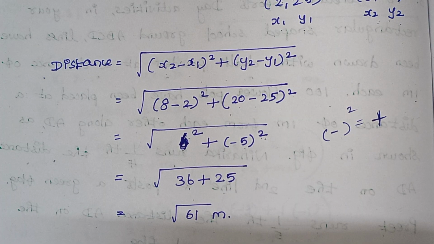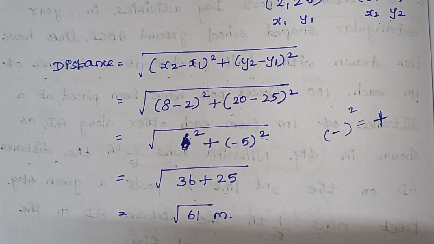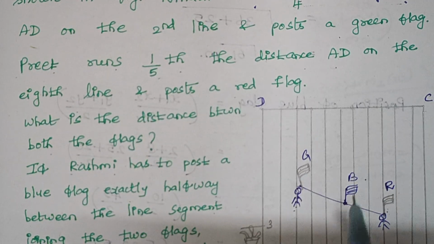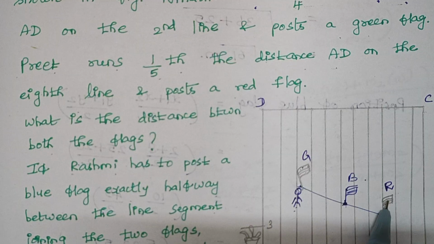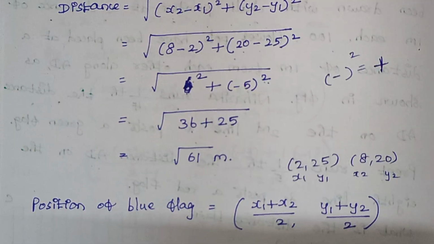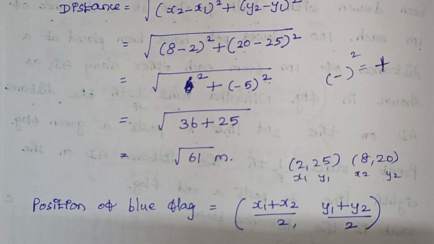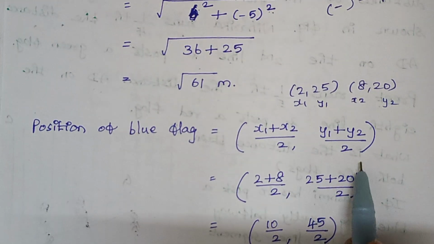Now we have to find the position of the blue flag. So the blue flag is located at the midpoint, right? You see, the blue flag is located at the midpoint of this green flag and this red flag. So here we have to find the midpoint using the midpoint formula to find the location of the blue flag. So this is the formula: ((x1 plus x2) by 2, (y1 plus y2) by 2).